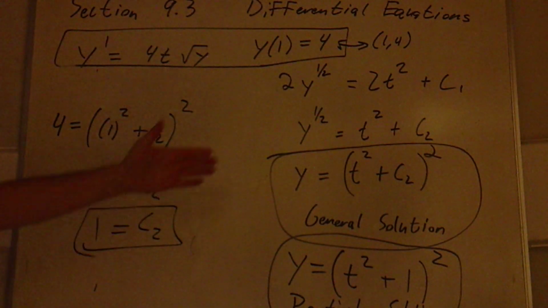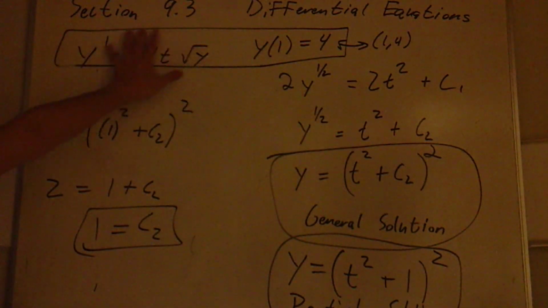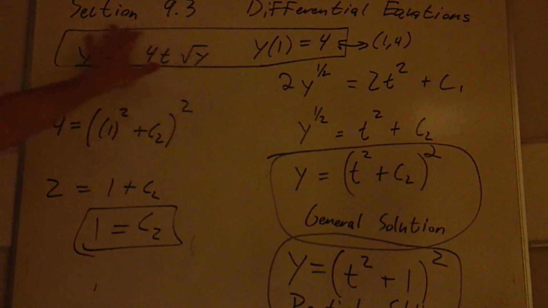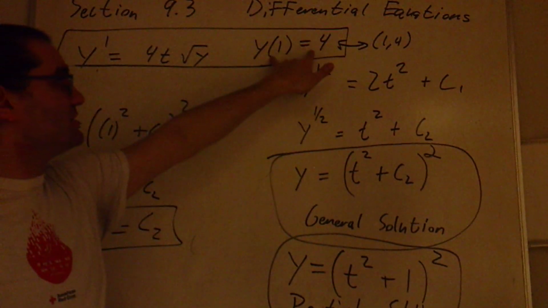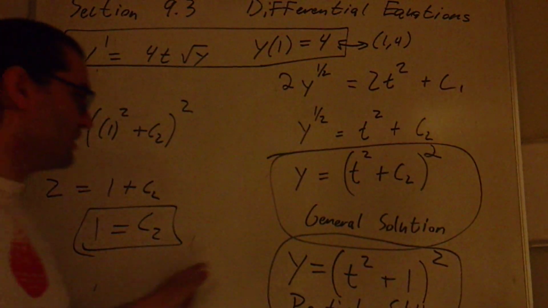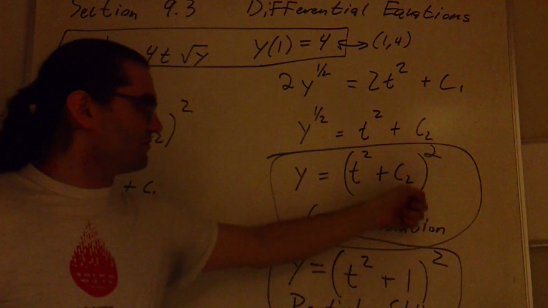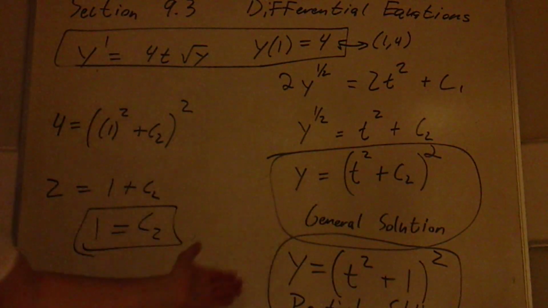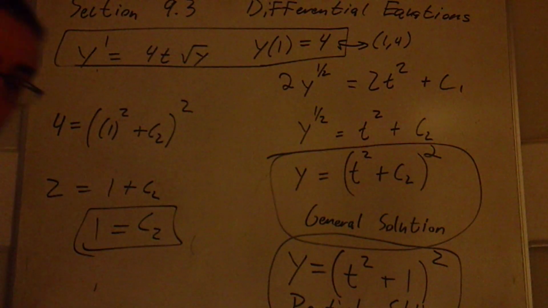So the general solution has an arbitrary constant. That's what comes from just the differential equation. Once you have a general solution, if you have an initial condition, you can plug that in, solve for the arbitrary constant, and then rewrite your general solution with a number instead of that constant. And then you have a particular solution. So that's all you have to do for that.